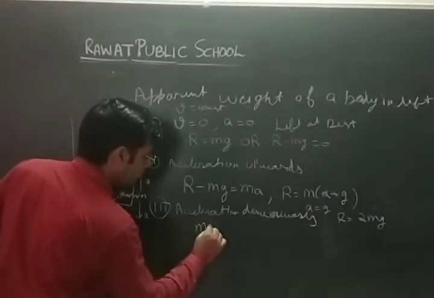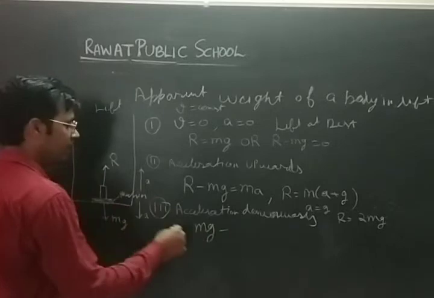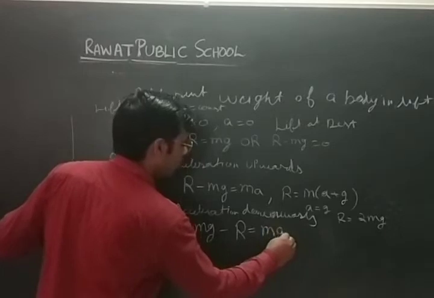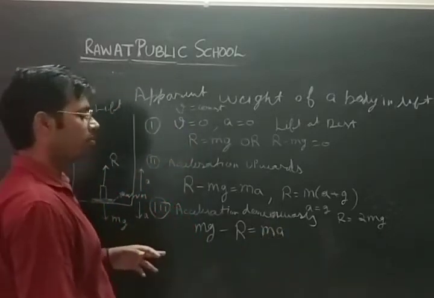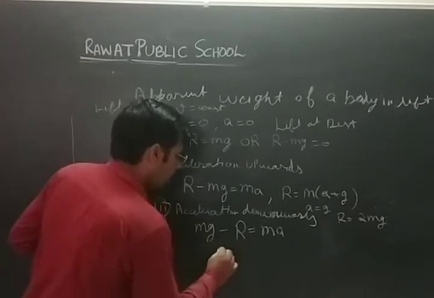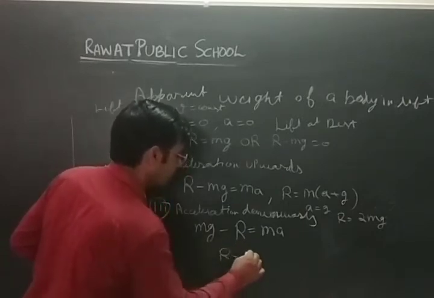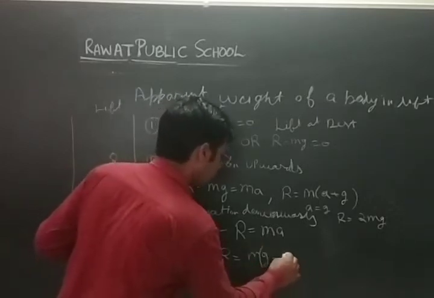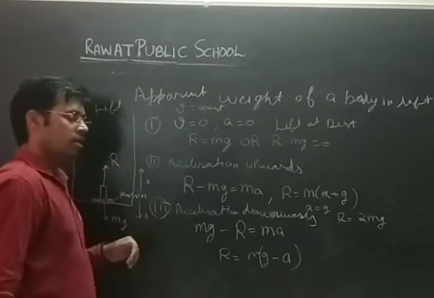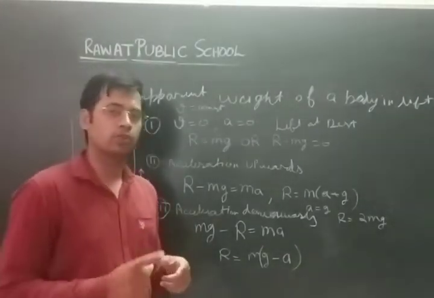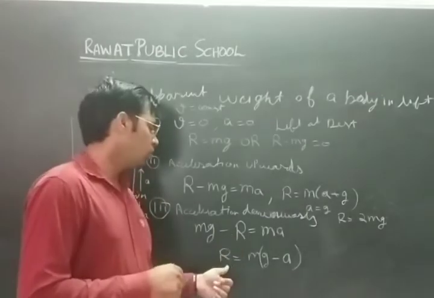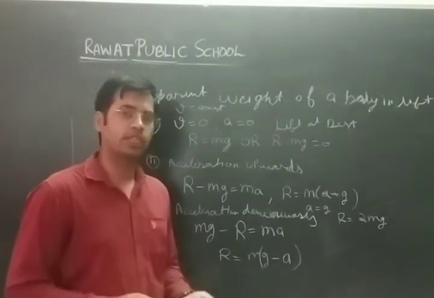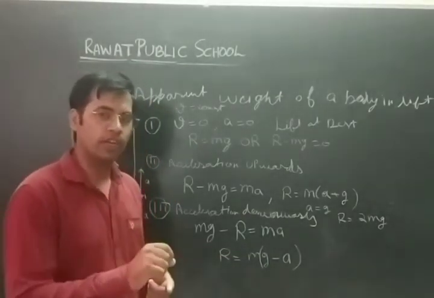So here mg, minus the opposite force, that is R, is equal to ma. That is the expression: R is equal to mg minus ma, take m common, that is m into (g minus a). Here the apparent weight of the object will be less as compared to the original weight of the object, apparent weight, not mass. The apparent weight of the object is less than the original weight of the object.